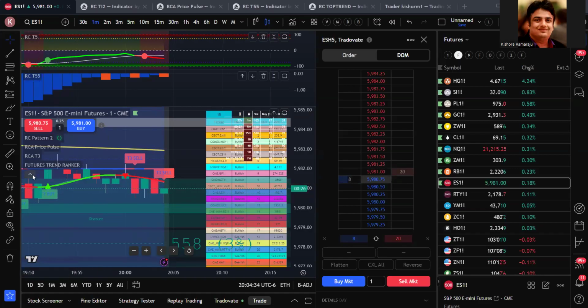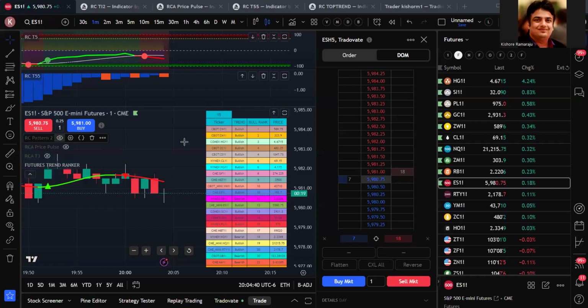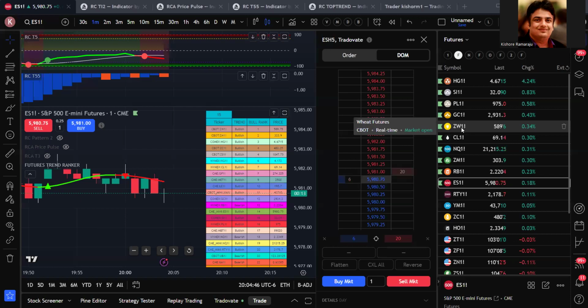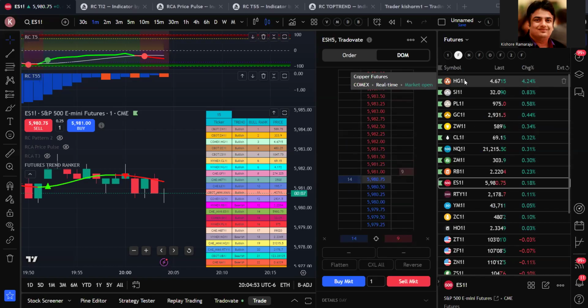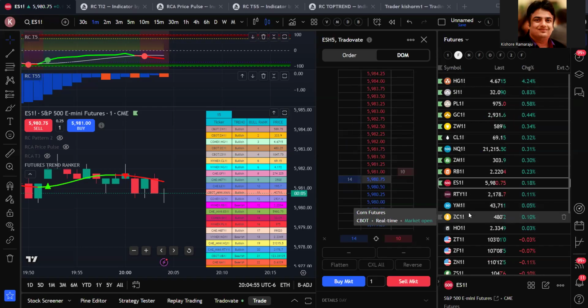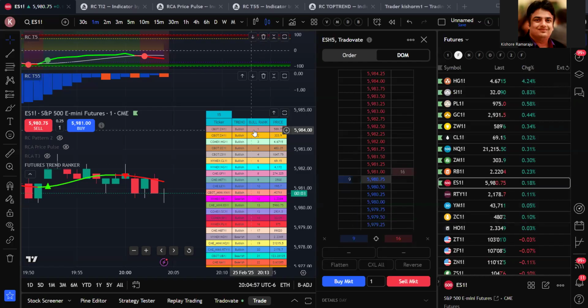So, for example, it shows that ZW is very bullish, right? Which is number one. Then it is telling ZM is also very bullish. Copper is very bullish. ZC is very bullish. So it will give us the rankings.